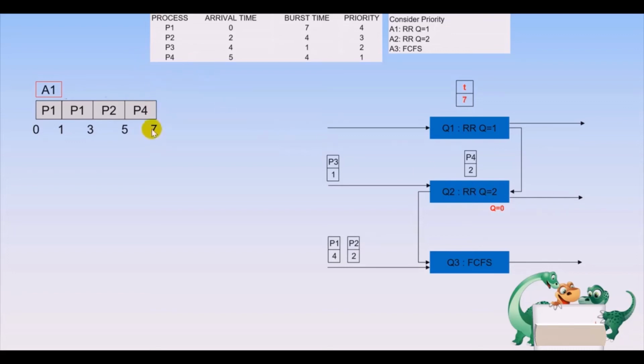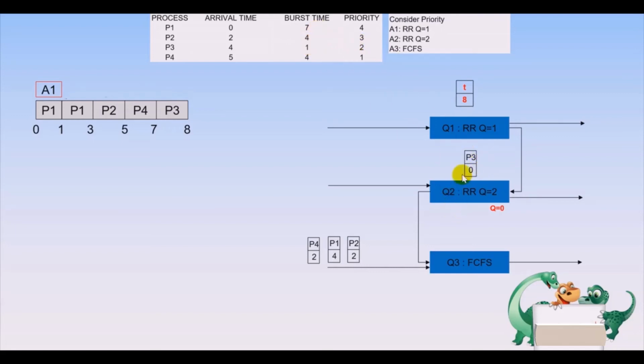So after 7 milliseconds, P2 has a remaining 2 milliseconds burst time, and this P4 here will move on the ready queue for the first come first serve. Eventually, this will rearrange based on the priority. Take note that on Q3, we have not yet started because we are not yet done with Q2. We still have P3 as a process on Q2, and P3 needs 1 millisecond.